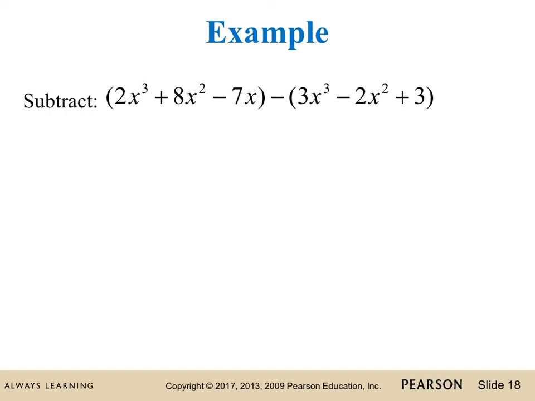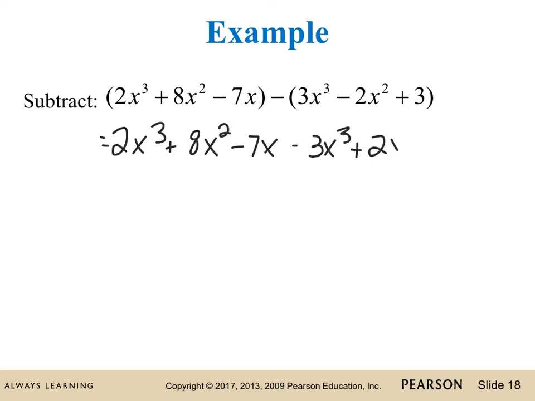So similar example here, we're going to drop the grouping symbols on the first trinomial and then distribute the negative through the second. Notice that all the negative does is it just changes the sign on each term. Then I'll combine my like terms.